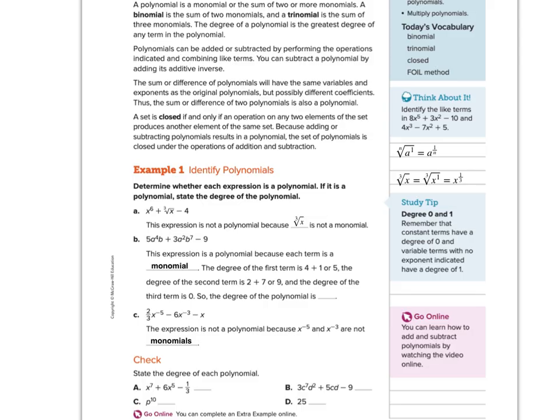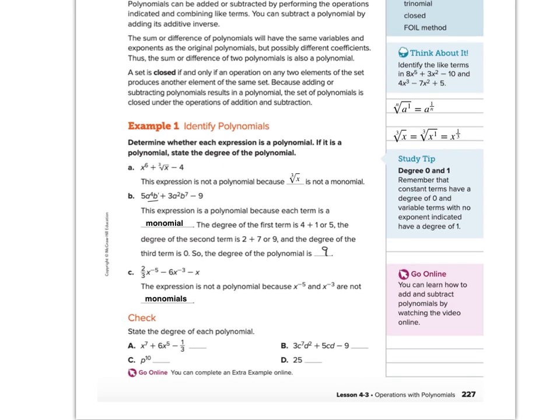When you have a degree, you would add your degrees. So here we have the degree is 5, here we have the degree is 9. The degree here is 0. So the degree of the polynomial would be the highest value. So the degree of this polynomial is actually 9, not 5.